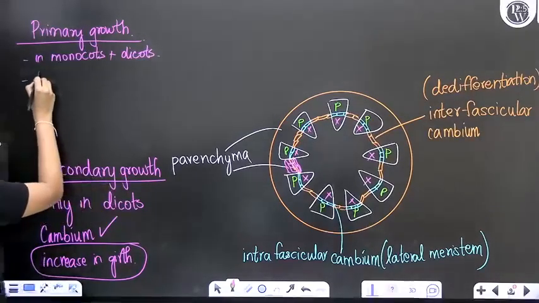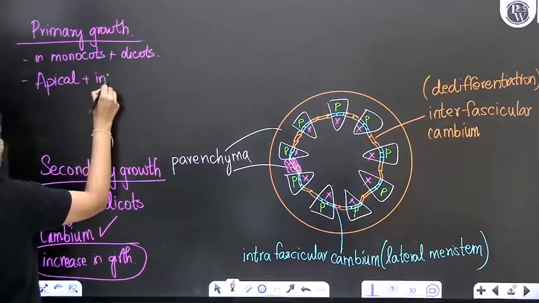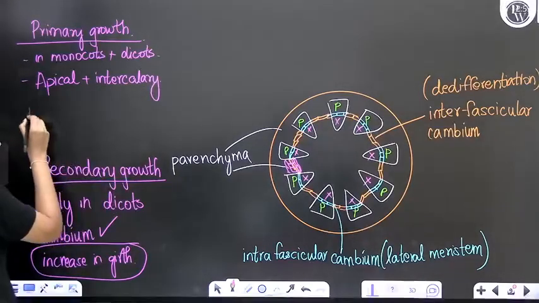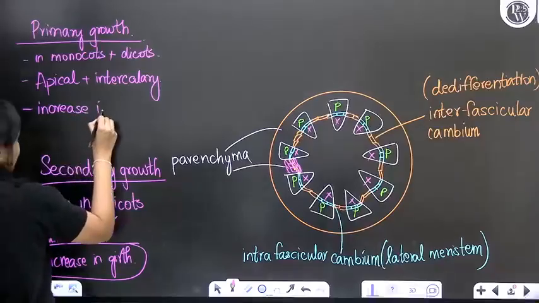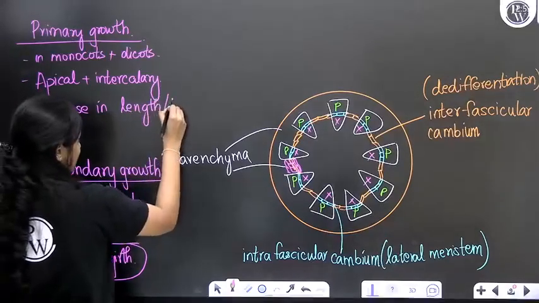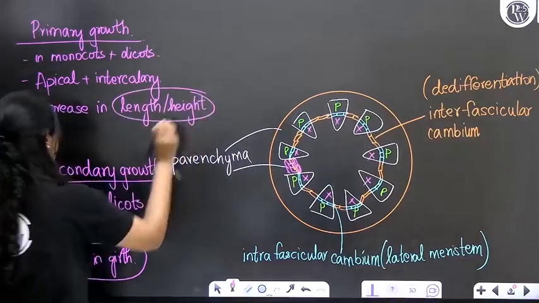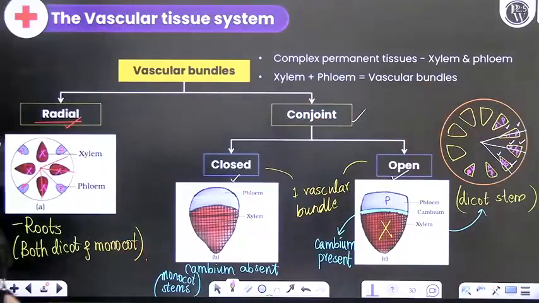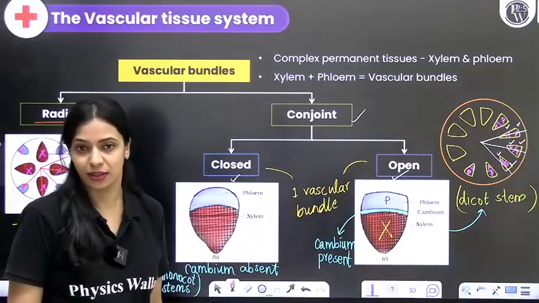This is because of apical plus intercalary meristems, and this is increase in height or length. Alright, so that's the reason why we call it closed, because you're closed to secondary growth, open because you're open to secondary growth.